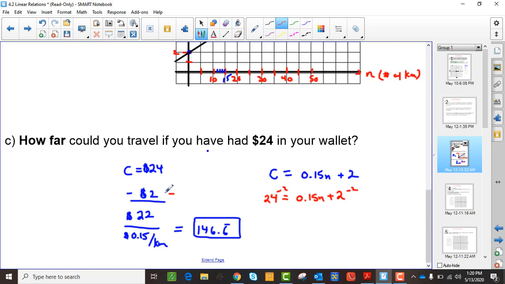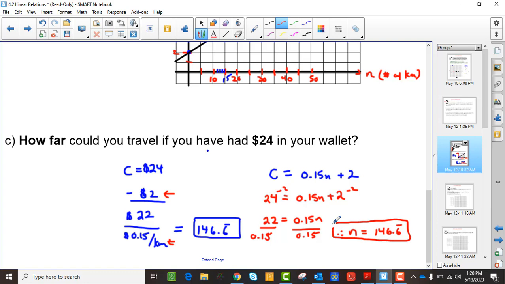That's this part of my calculation. So I get 22 is 0.15n. And then to solve for n, I divide by 0.15, which is this part of my calculation. And so therefore I can say n is 146.6 repeating. You can go almost 147 kilometers.